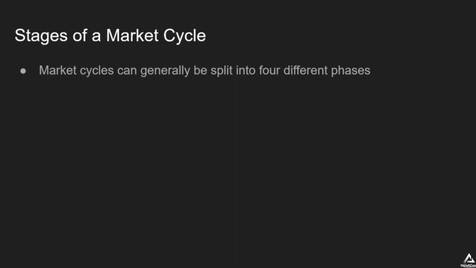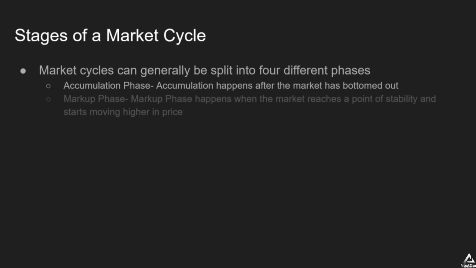Now let's talk about stages of a market cycle. Market cycles can generally be split into 4 different phases. You start off with the accumulation phase. Accumulation happens after the market has bottomed out and prices are starting to stabilize and build to the upside. There's the markup phase.